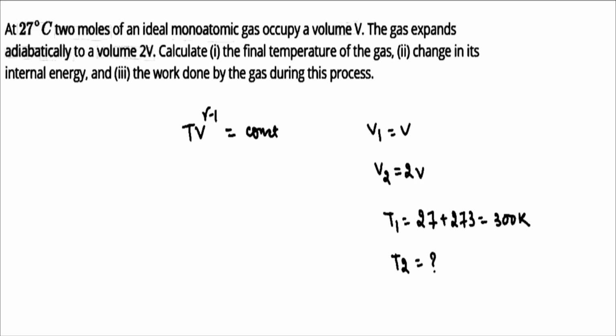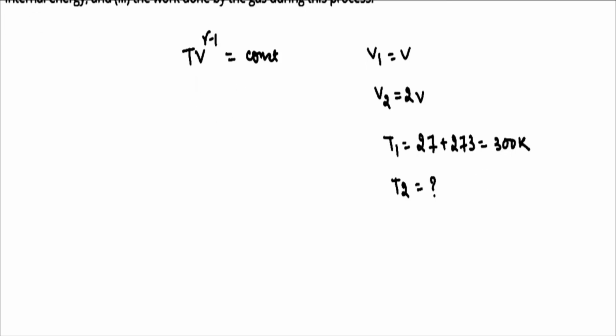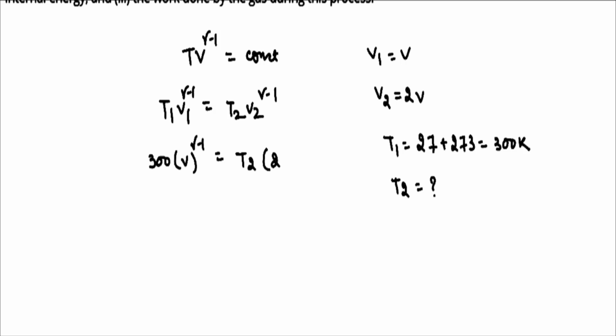So I am going to apply this equation for the initial and final situation. So it is T1 V1^(gamma minus 1) equals T2 V2^(gamma minus 1). The value of T1 is 300, V^(gamma minus 1) equals T2 (2V)^(gamma minus 1).